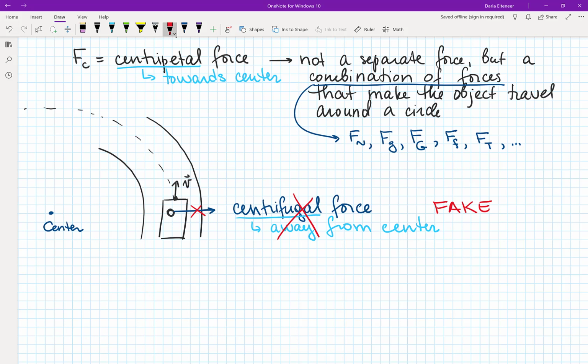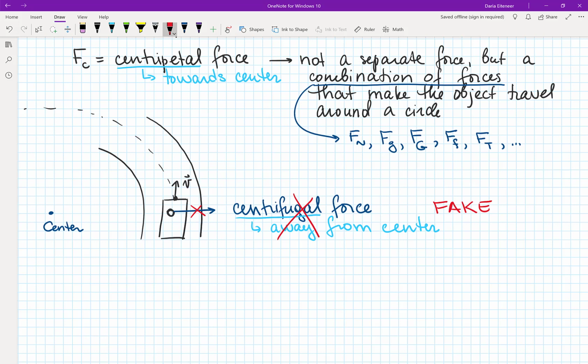So there is absolutely nothing new that adds up to the system when the car is turning. There is no new agent when the car is turning. So there would be a new force, and yet there is nothing that could potentially exert that force, right? So that doesn't work. So that's why centrifugal force is fake. It's something that people who didn't quite understand physics invented in order to explain what's really happening. So centrifugal force doesn't exist.